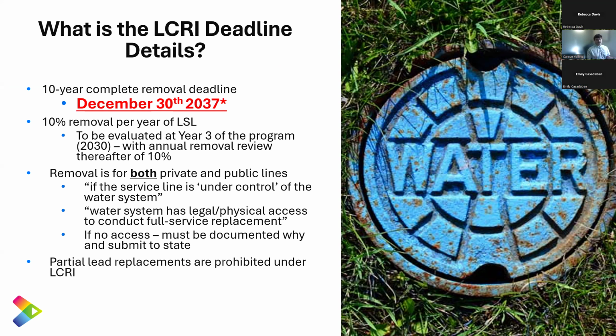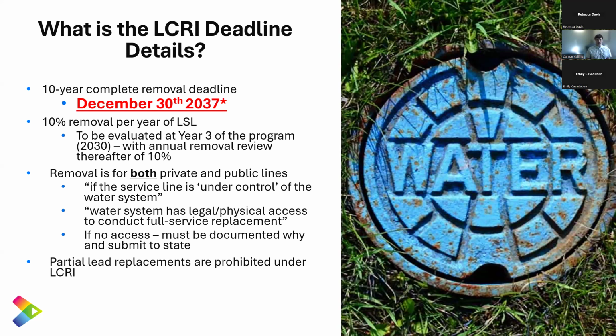Removal is required, as we have said, for both the private and the public lines. So if a service is under control of the water system, meaning it has legal and physical access to conduct a full service replacement, it is required to do so. If you don't have either of those, whether it's physical or legal access to conduct these replacements, that must also now be reported and provided to the states on why that is the case.